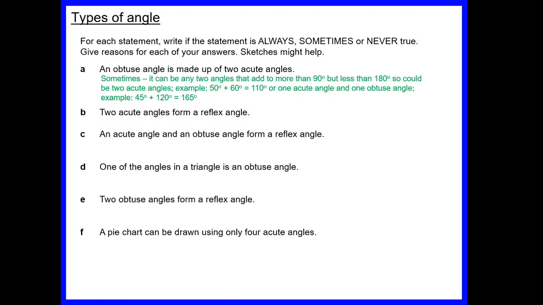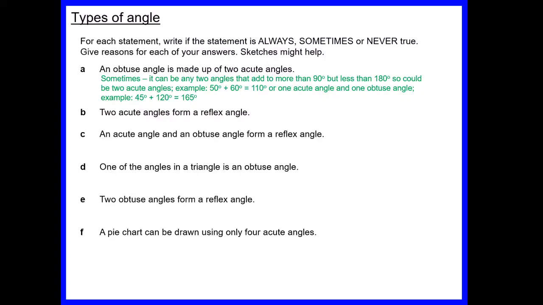So it could be 2 acute angles, for instance 50 degrees plus 60 degrees is 110 degrees, so an acute angle plus another acute angle could give us an obtuse angle, or 1 acute angle and 1 obtuse angle. So we could have 45 degrees as an acute angle plus 120 degrees as an obtuse angle would also give us an obtuse answer. So our statement is sometimes true, but not always.